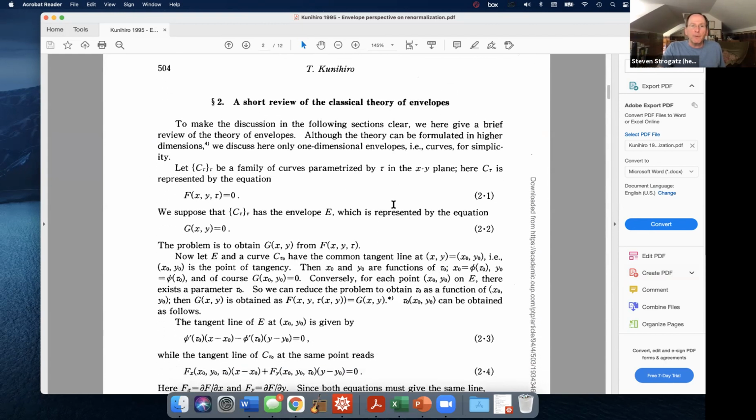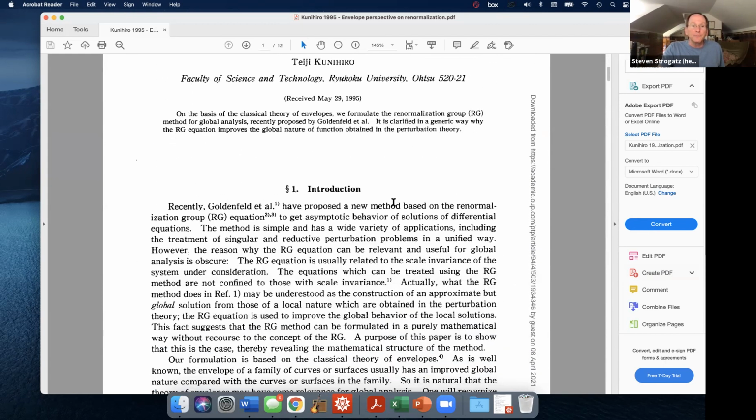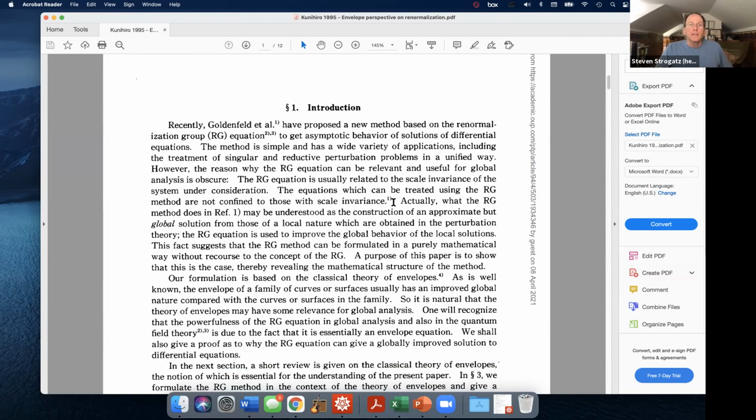Okay, so the structure of the paper is, he himself finds the reason why renormalization group can be relevant for global analysis, meaning singular perturbation theory, kind of obscure. So he tries to find a mathematical explanation for why it works.